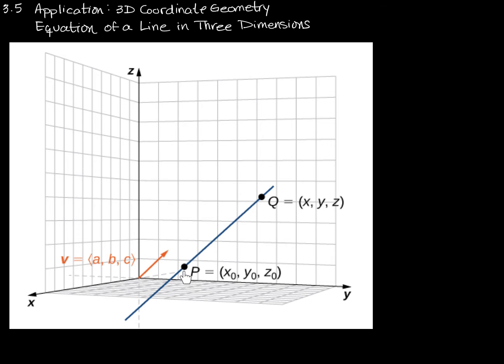The point P here is at some number of coordinates x, y, and z away from the origin, as is the point Q. But here's my point P, x naught, y naught, z naught. And here is my vector a, b, c. It's just a generic vector a, b, c, but it has the property that it's parallel to this line. And that's why we call it the direction vector.